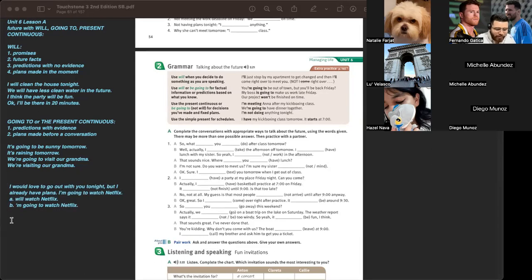And remember, we use the simple present for scheduled classes, games, or appointments. Usamos el presente simple para clases, partidos o citas con un horario fijo.